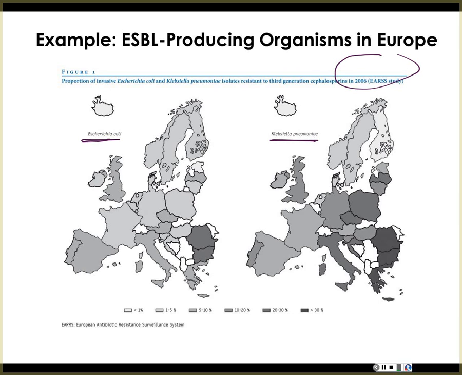If you notice, it looks like it's a bigger problem over in Eastern Europe. That's the poorer part of Europe. You probably don't have the healthcare, and hygiene practices are probably not quite what they are in the western parts of Europe, so that may partially explain why you have more of these problems in those areas.